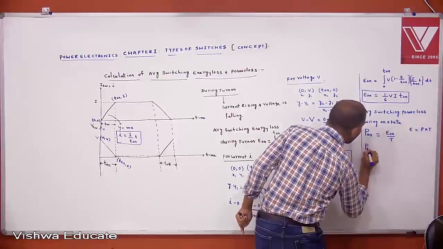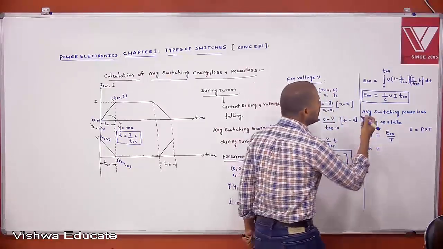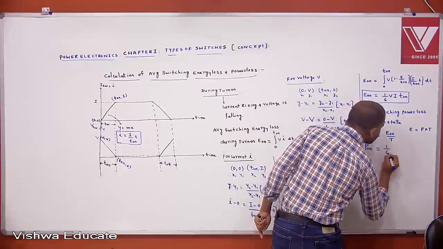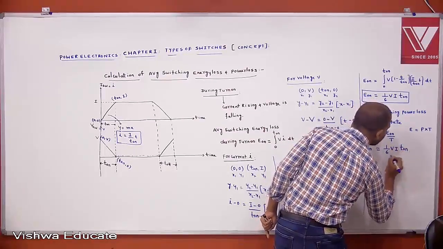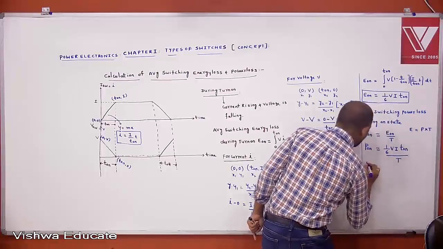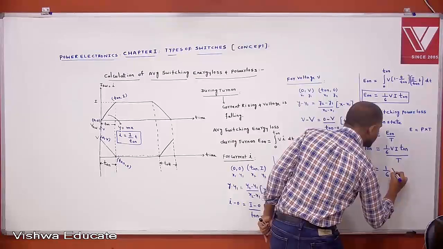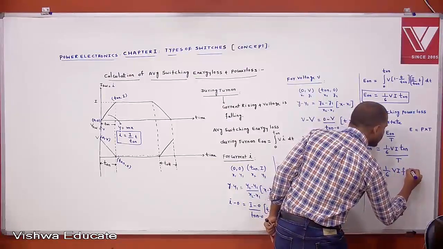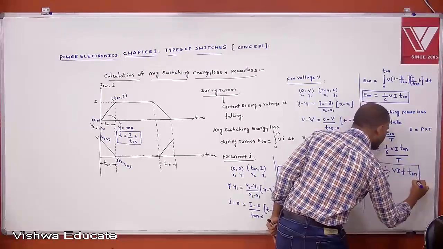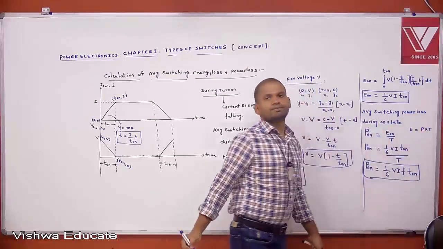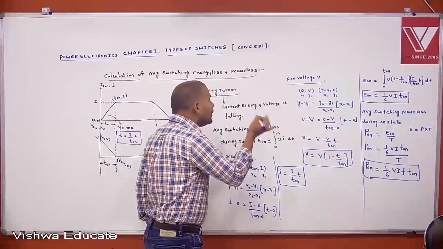P on equals 1 by 6 V I T on by T, that is, 1 by 6 V I F into T on. Very, very important equations. This is the calculation during on state.